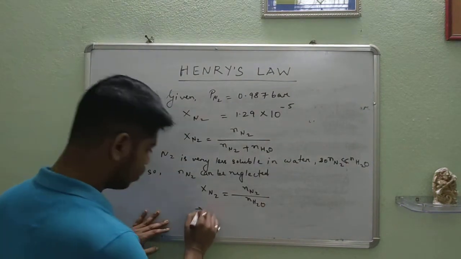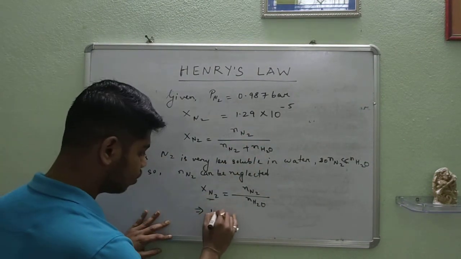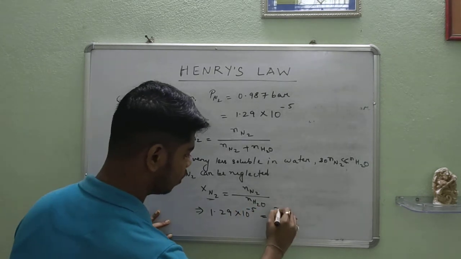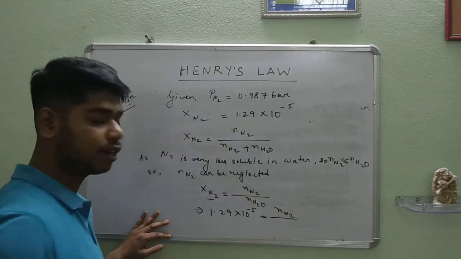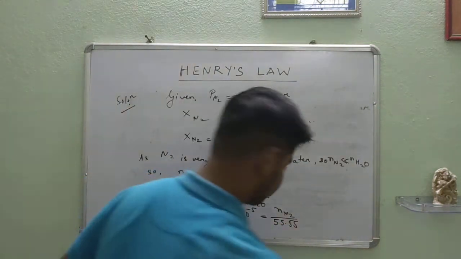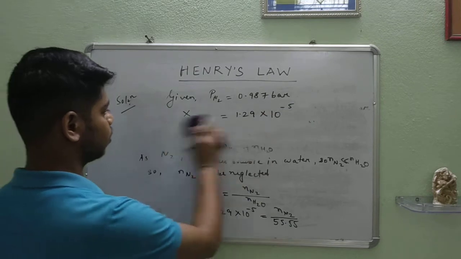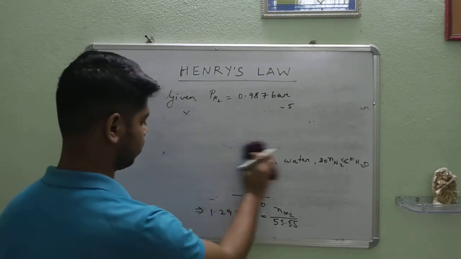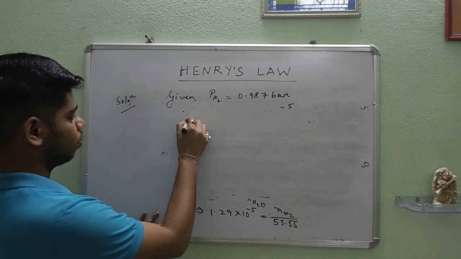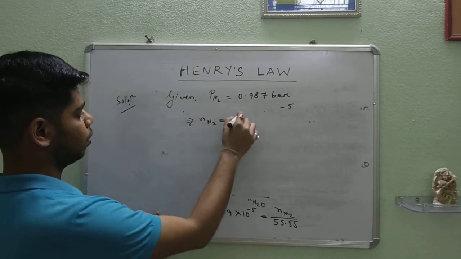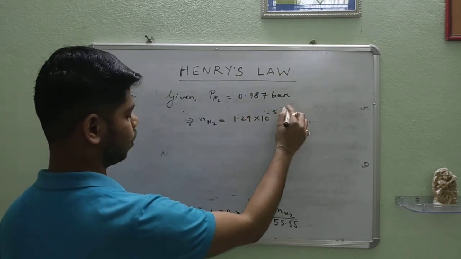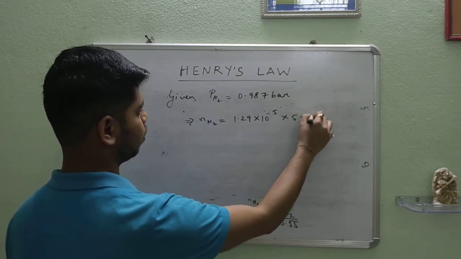So this value we have already calculated. How much? It is 1.29 into 10 to the power minus 5 equal to the number of moles of nitrogen, and this value, as I already told you, will be 55.55. Now if you cross multiply this, then the number of moles of N2 will be 1.29 into 10 to the power minus 5 multiplied by 55.55.